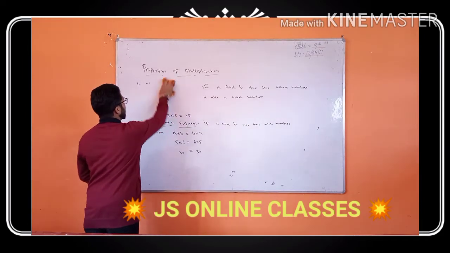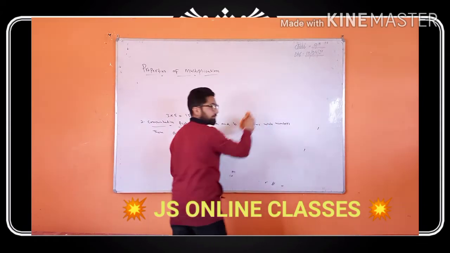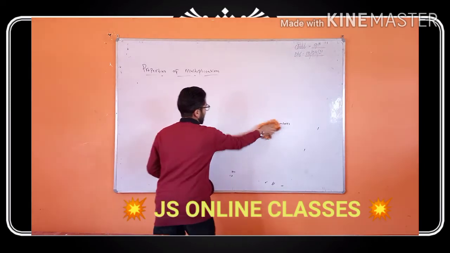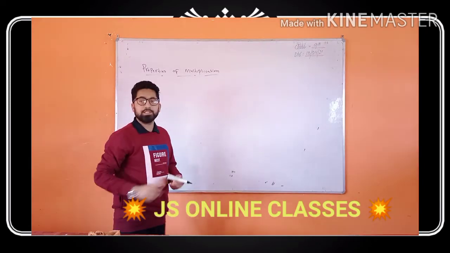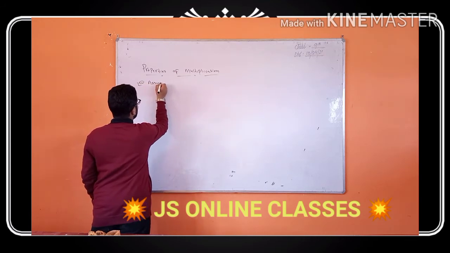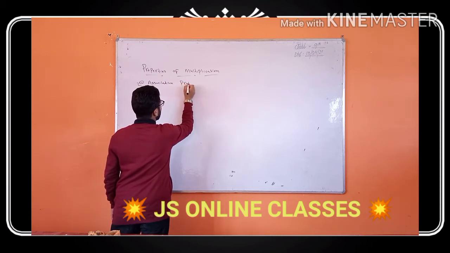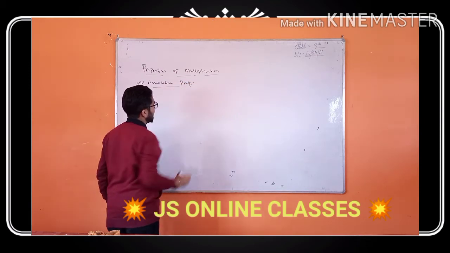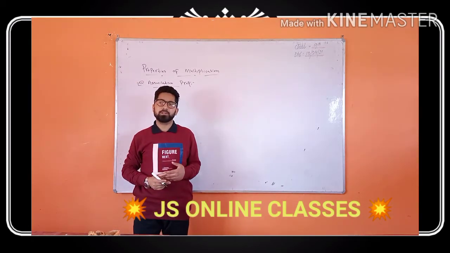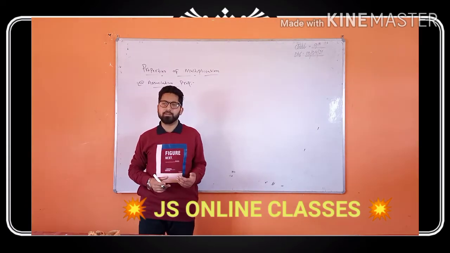So we have another property, which is associative property. The third one is associative property. In associative property, it states that if we have three whole numbers, it's also called a grouping property. As I already discussed in the previous video, in addition we have discussed that.